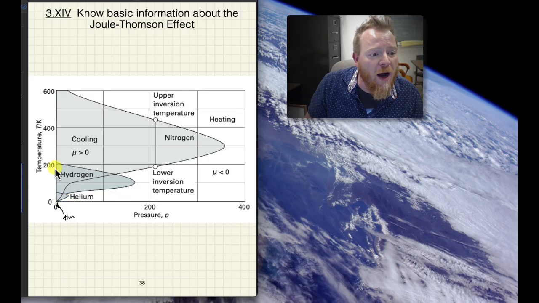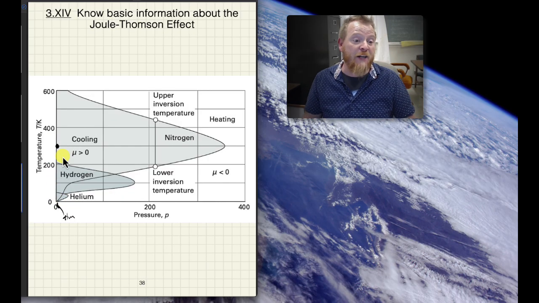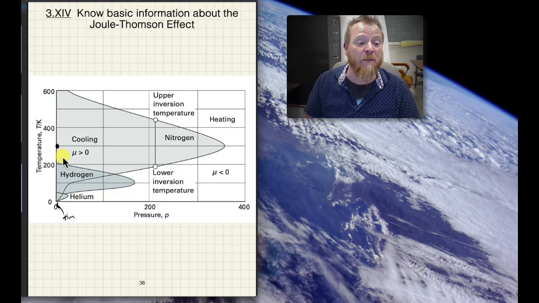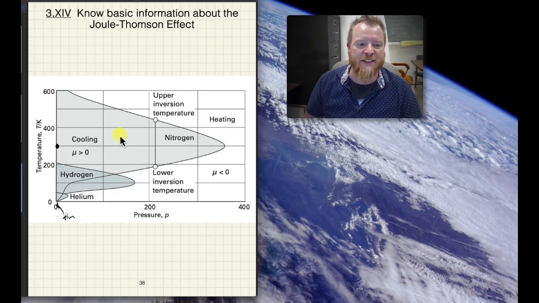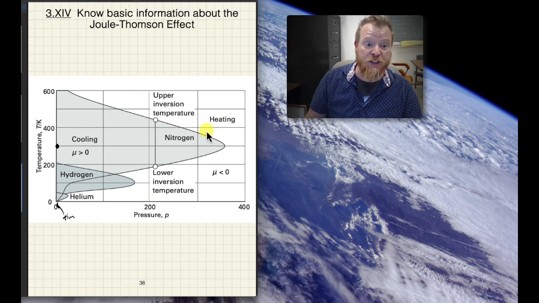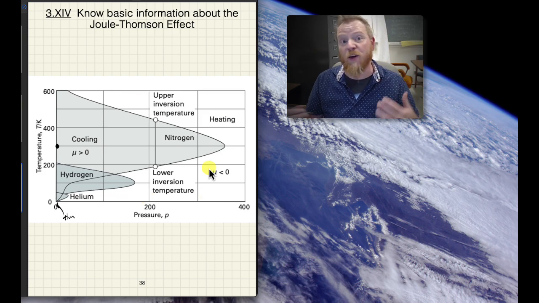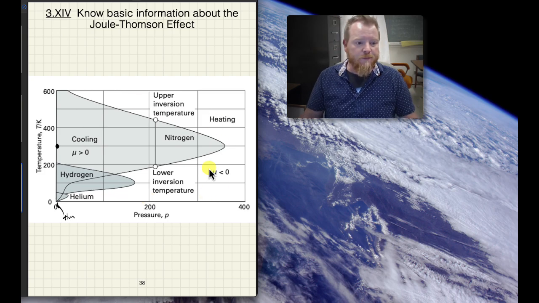And so if we go up to around 300 Kelvin, there we are for nitrogen. So you can see we're square in the middle of the cooling area for nitrogen, and similarly oxygen exists in that range as well. So you can also see when we get outside of that range for nitrogen, we would expect heating, so the intermolecular forces flip.